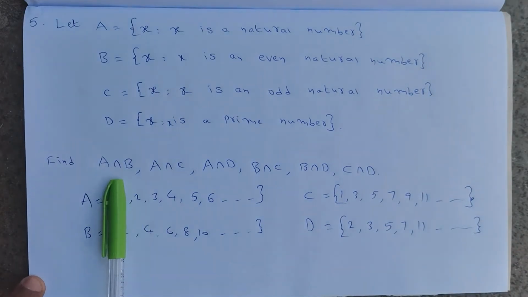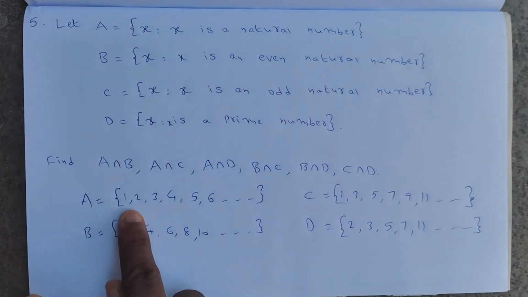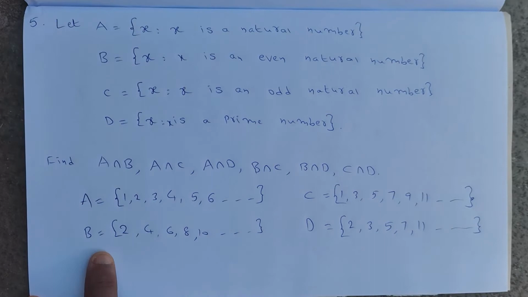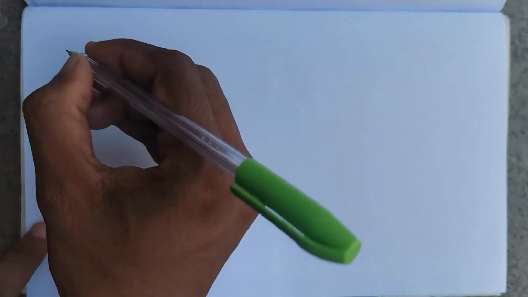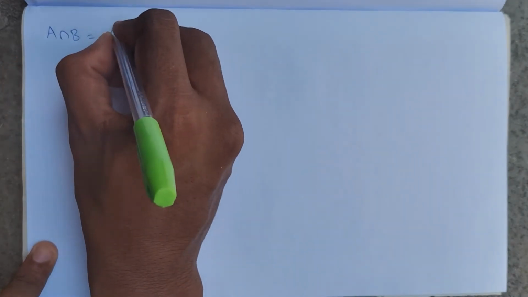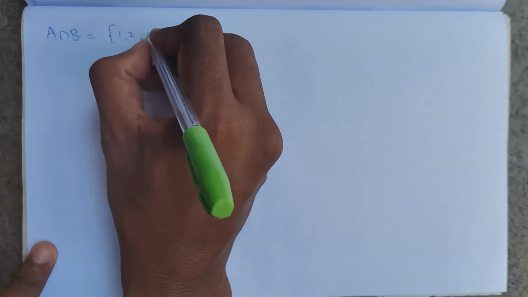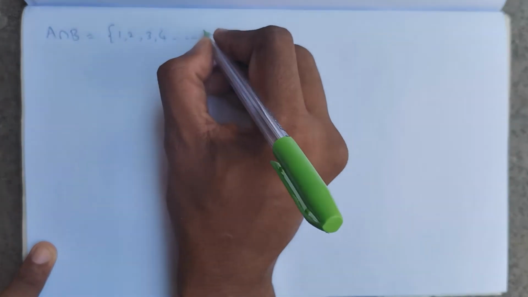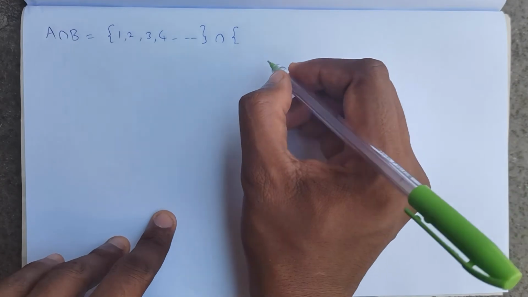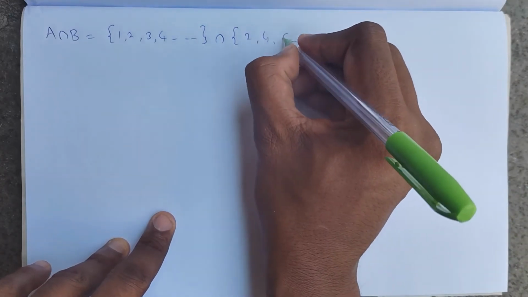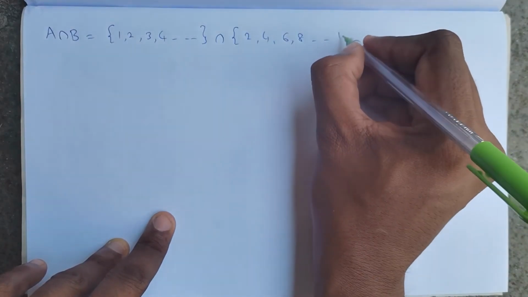First, A intersection B. Set A is 1, 2, 3, 4, 5, 6 and set B is only even numbers. So we are finding A intersection B. A is the total natural numbers list, intersection B is only even numbers: 2, 4, 6, 8 and so on.